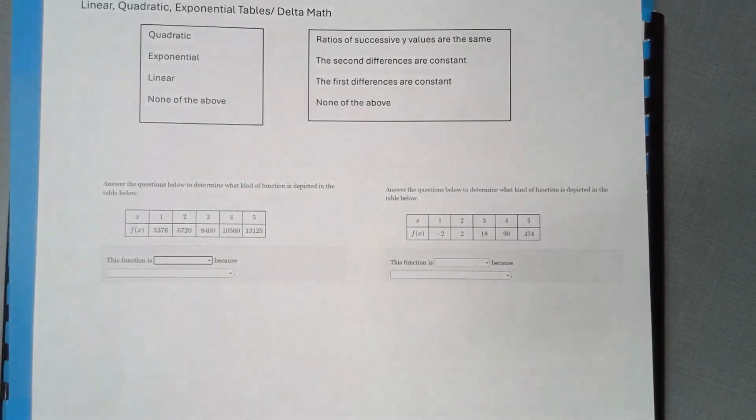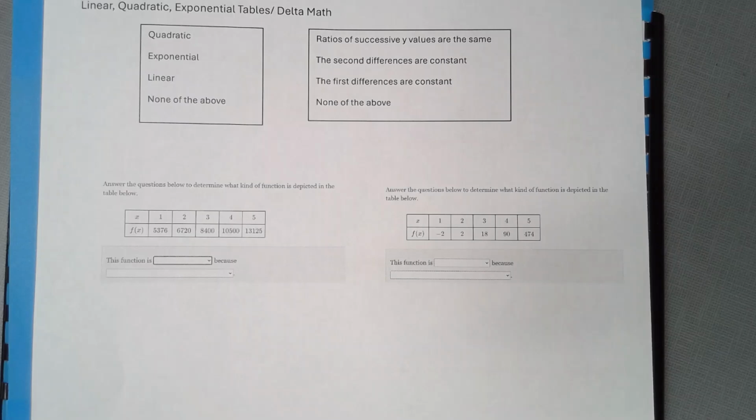Okay. So, y'all, I always check the easiest one first. It's the exponential because we're checking the ratio, and y'all, a ratio is dividing. So, you are literally going to do the second divided by the first. You always go backwards, y'all. Everybody listen. It's going to be second divided by first, third divided by second, fourth divided by third.